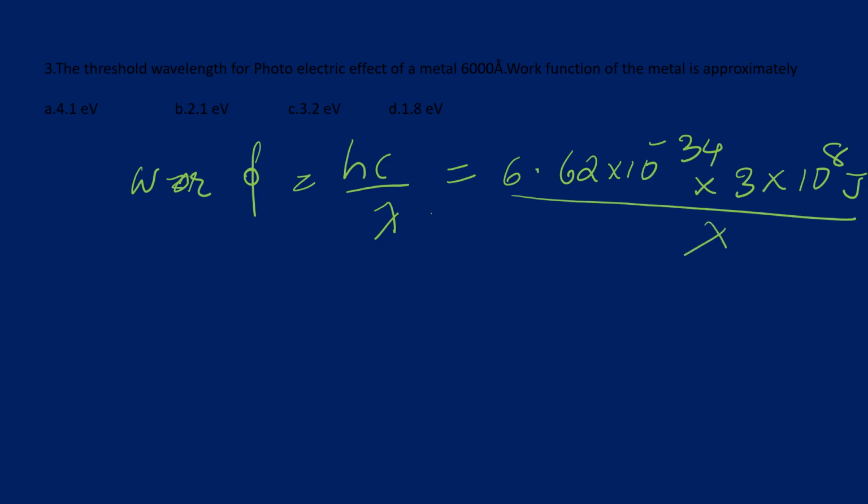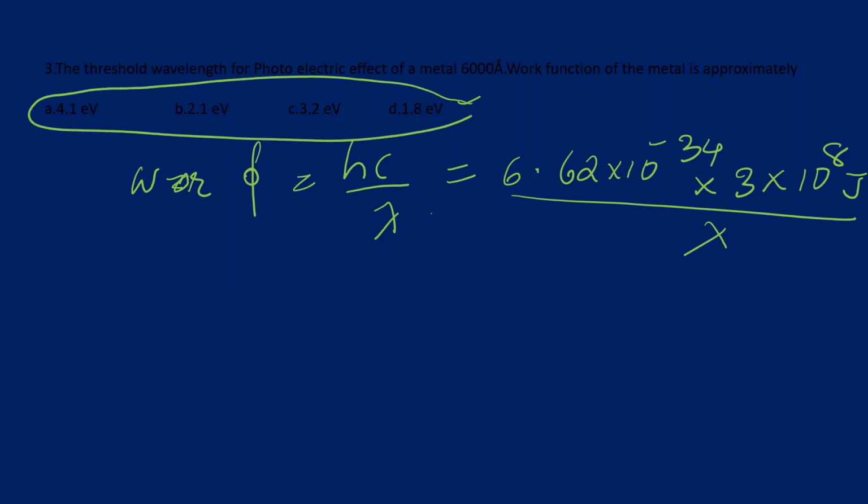Since the answers are all in electron volt, what we can do is convert this joule into electron volt. How can we convert? 1 joule is 6.24 into 10 raised to 18 electron volt. So when you multiply this with 6.24 into 10 raised to 18, you will get the answer in electron volt.